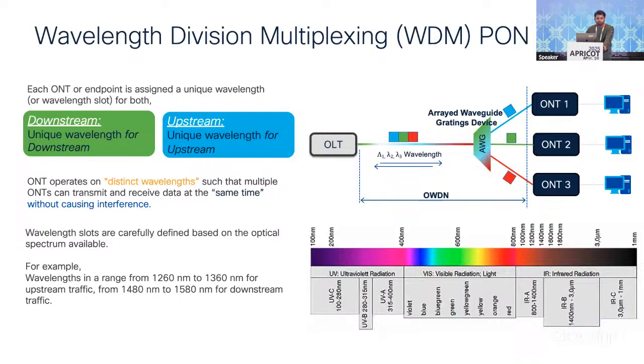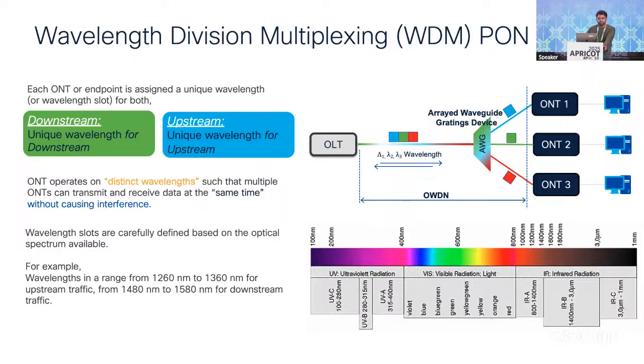We need specific upstream and downstream wavelengths to make sure that there is no interference in your PON network. To make sure that happens, we need to specify distinct wavelengths for the upstream direction and the downstream direction. For example, the range of 1260 nanometers to 1360 nanometers can be used for upstream traffic, and similarly for the downstream traffic, another range from 1480 to 1580.